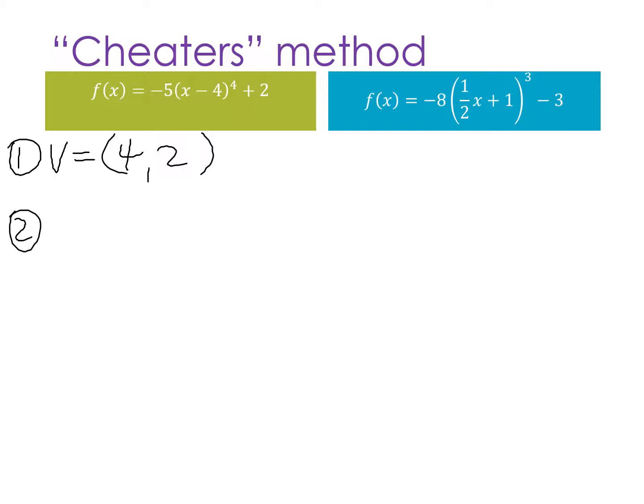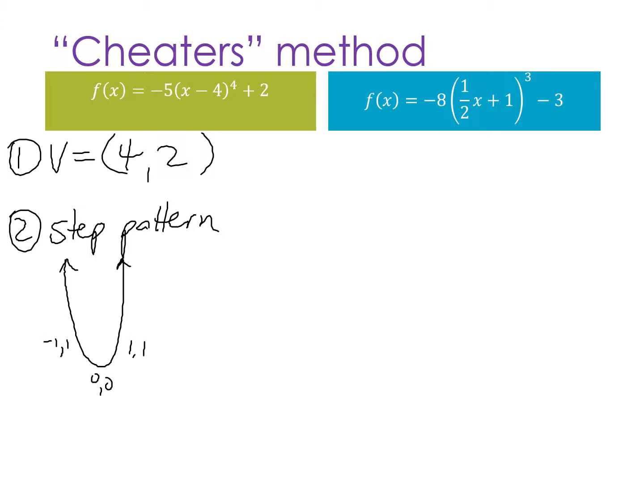the step pattern, which if you remember going back to grade 10 and grade 11, step pattern is normally 1, 3, 5. However, for a quartic, if we go back to our parent function, that was 0, 0, and then we had negative 1, 1, 1, 1, and we had 2, 16, and negative 2, 16.